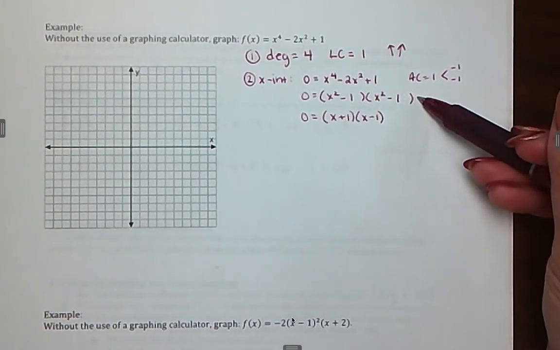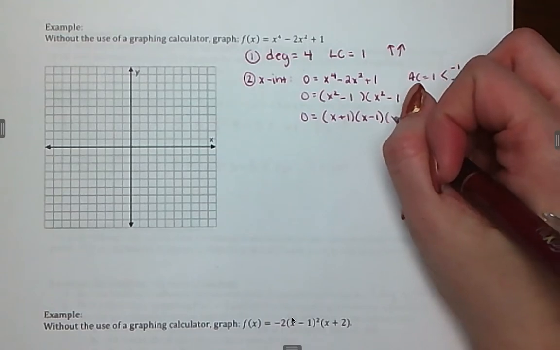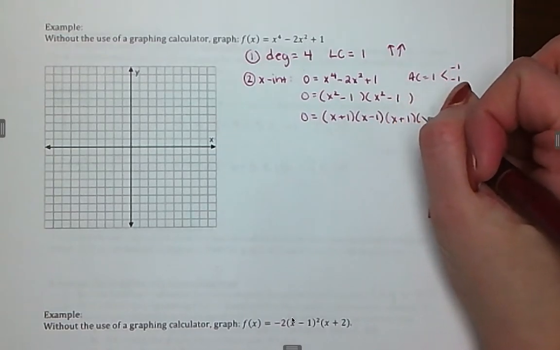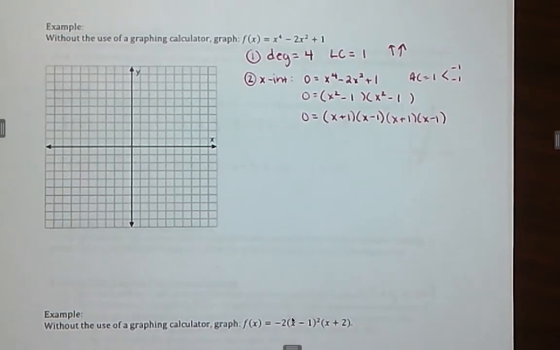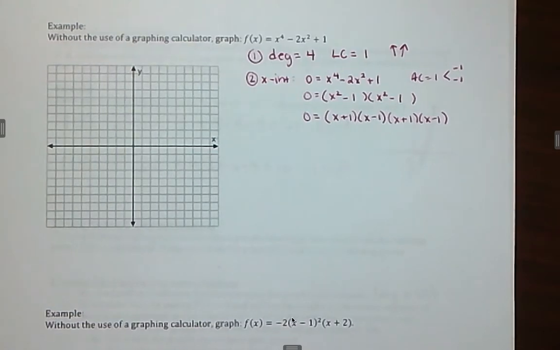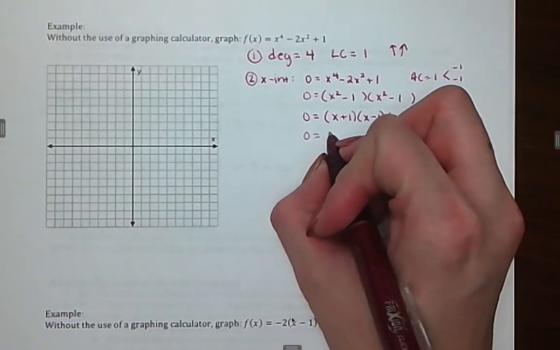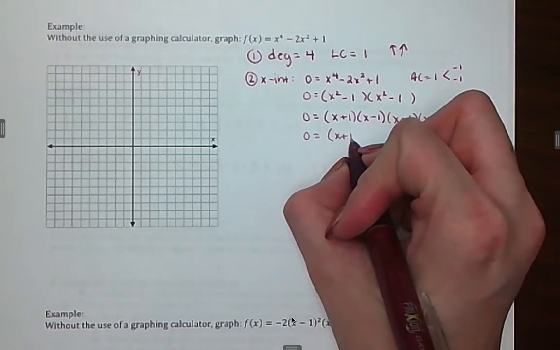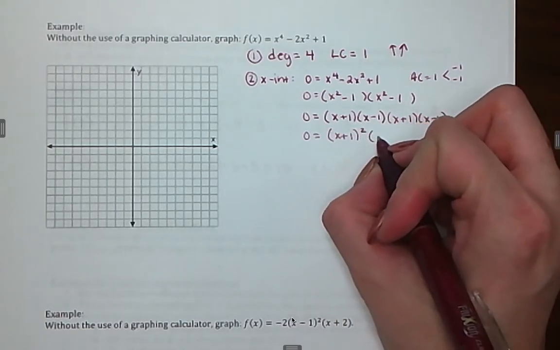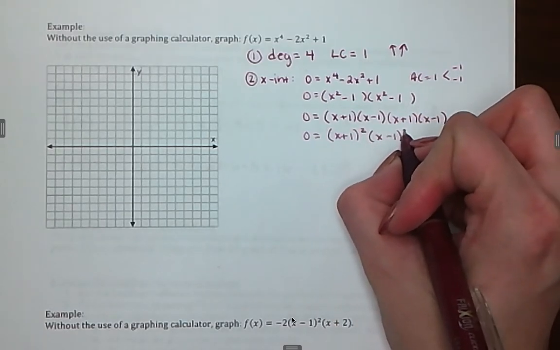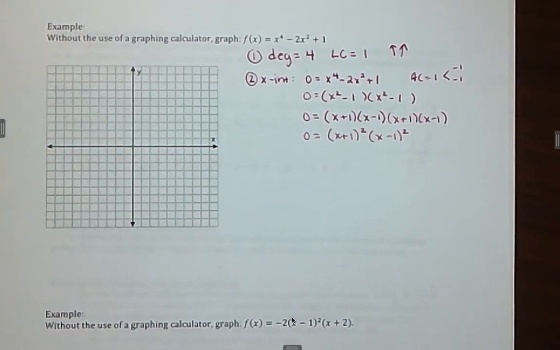This one can also factor the same way, x plus 1, x minus 1. If you want, you can rewrite this: 0 equals x plus 1 quantity squared, x minus 1 quantity squared. I don't care which way you write it.